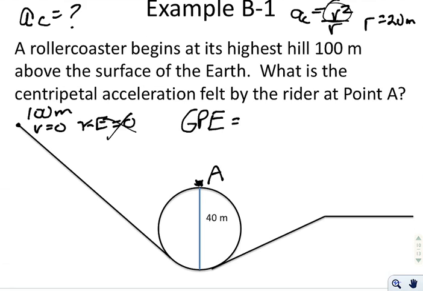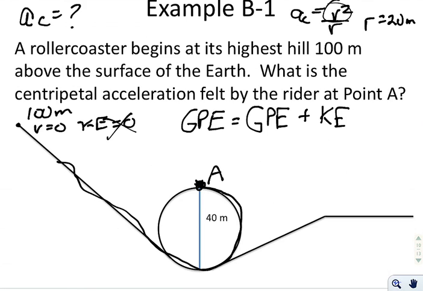Now, as I go down the roller coaster track, I'm going to hit a bottom point, and then I'm going to come back up. And when I get to this point right here, I actually have two types of energy. I have gravitational potential energy, but I also have kinetic energy.